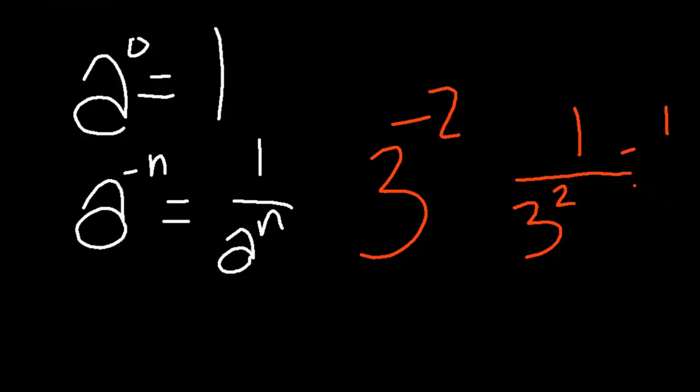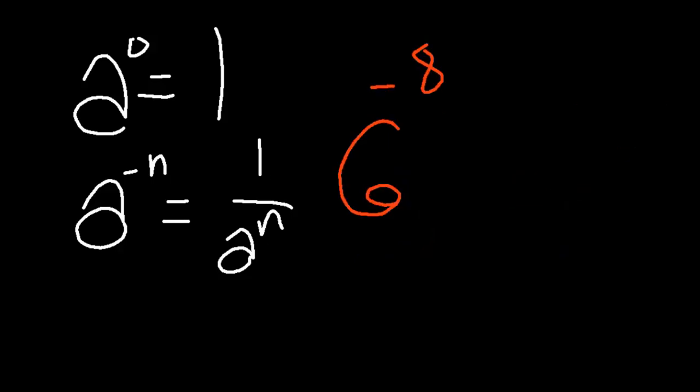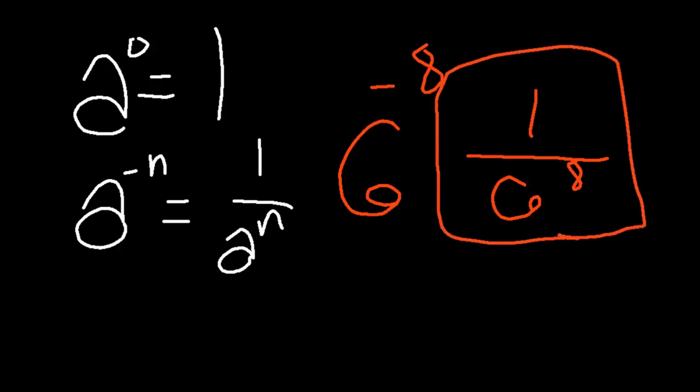Okay, next example. We've got 6 to the power of negative 8. That's going to equal, you guessed it, 1 over 6 to the power of 8. Okay guys, so like I said, remember those rules, they're important.